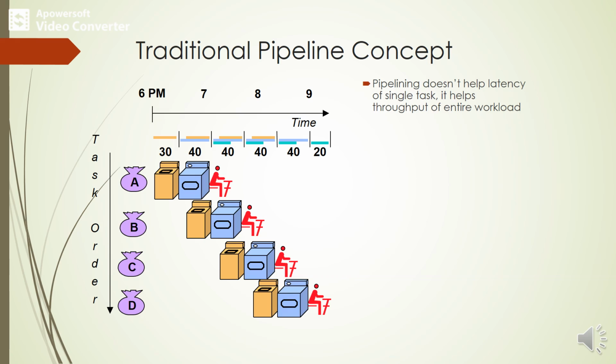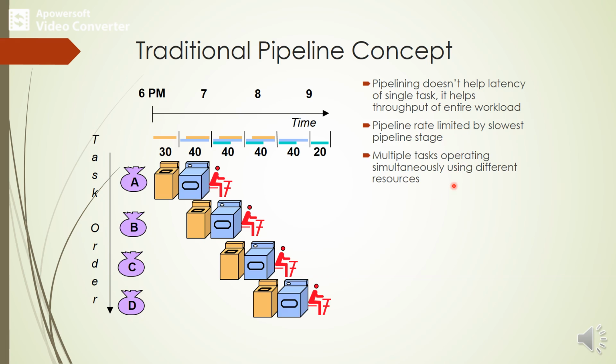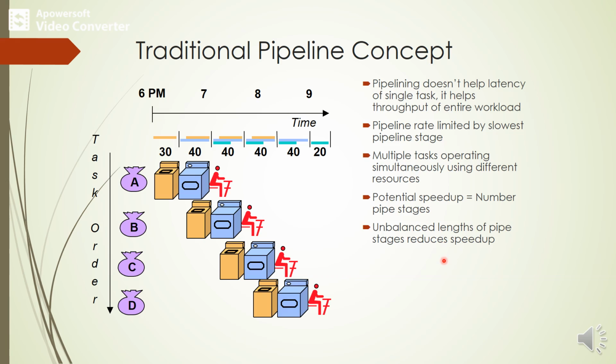Pipelining does not help latency of a single task; it helps throughput of the entire workload. Pipeline rate is limited by the slowest pipeline stage. Multiple tasks operate simultaneously using different resources. Potential speedup is nothing but the number of pipeline stages. Unbalanced lengths of pipe stages reduce the speedup.